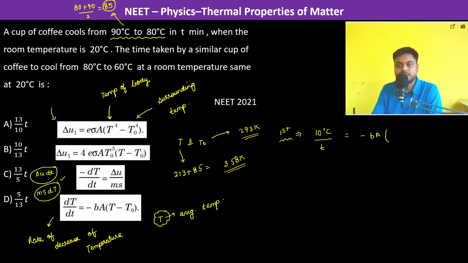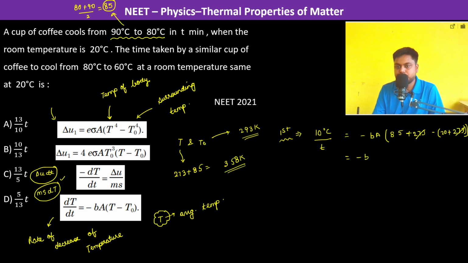Okay, so we have 85 minus, or actually we should take it in Kelvin. But in Kelvin also it's going to be 85 plus 273, and this is minus 20 plus 273. So 273 is gone.